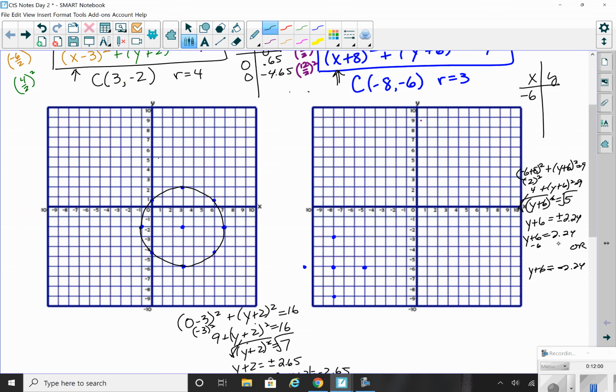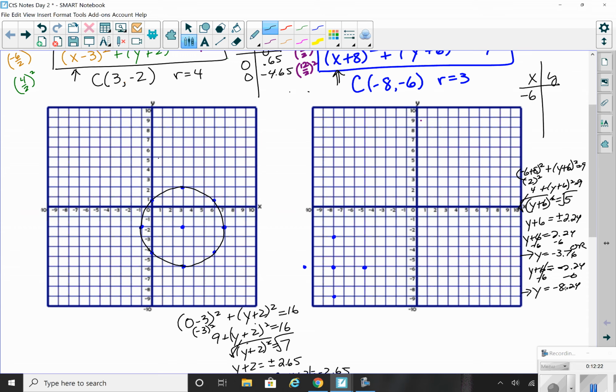And when you subtract 6 from both sides, you're going to get 2 different solutions, right? You're going to get y is equal to 2.24 minus 6, which is, I think, negative 3.76. Check my math. Or on that second equation, negative 2.24 minus 6 is negative 8.24.